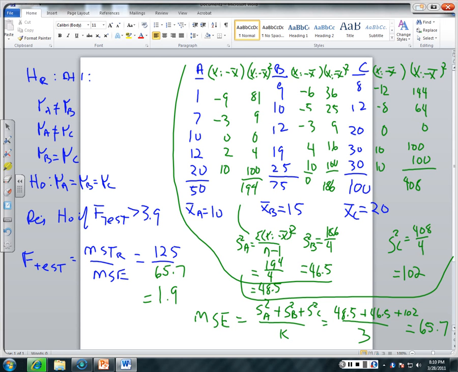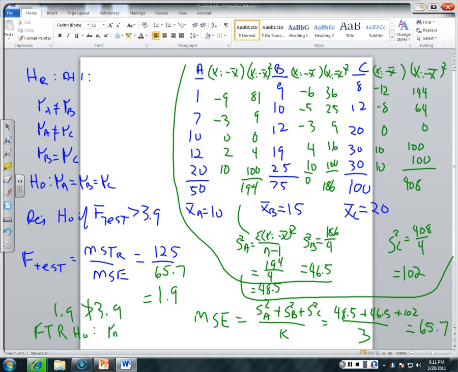Might be a little more on the decimal thing. The top one, the F, 1.90, about 1.904. At any rate, 1.9 is not greater than 3.9, so we fail to reject H0.